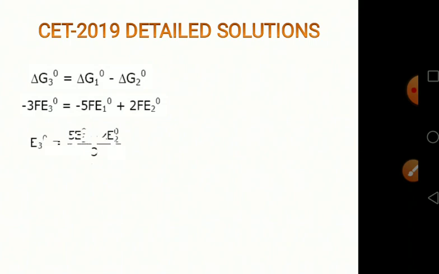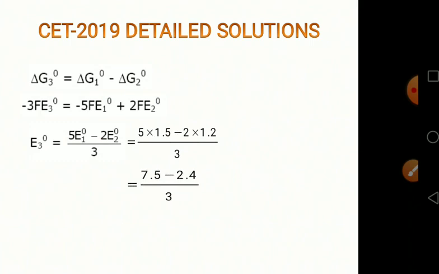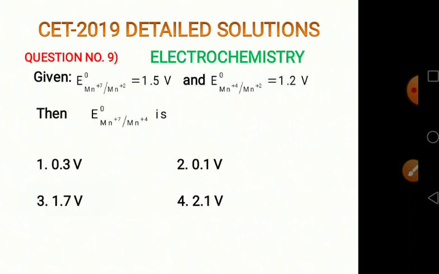So now E3 naught: F gets cancelled, so E3 naught is equal to 5 E1 naught minus 2 E2 naught divided by 3. Substituting the values of E1 and E2, you are going to get the answer as 1.7 volt. So the answer for this question is the third option. These are the 3 questions from the electrochemistry chapter.